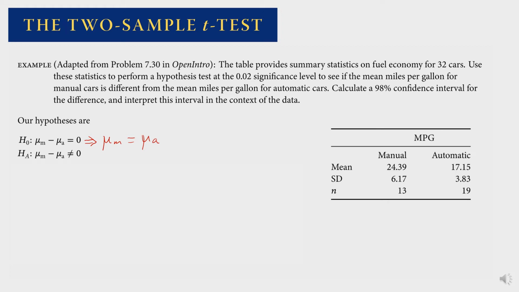This is a two-sided test. If we thought that manual transmissions get better gas mileage, we could do a one-sided test to see if this difference is greater than 0, which would mean manual transmissions get better mileage, but that's not what we're doing. We're doing a two-sided test here.